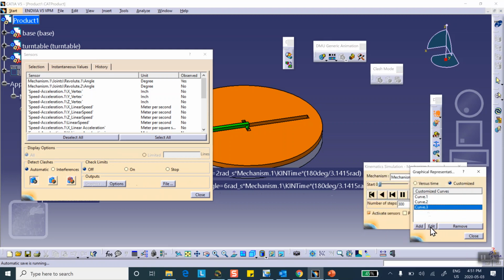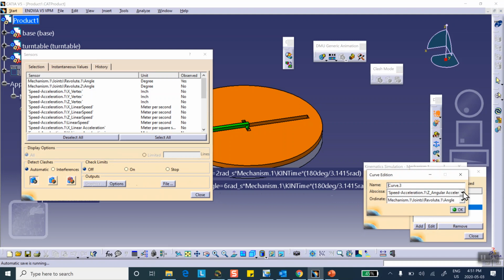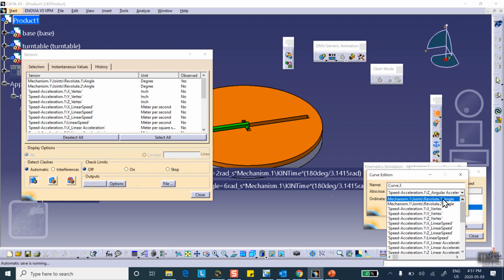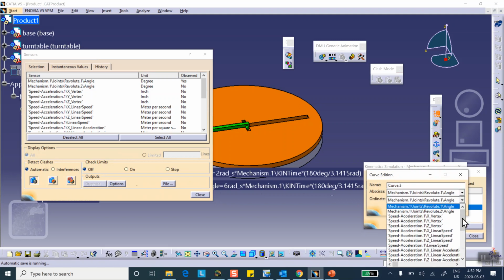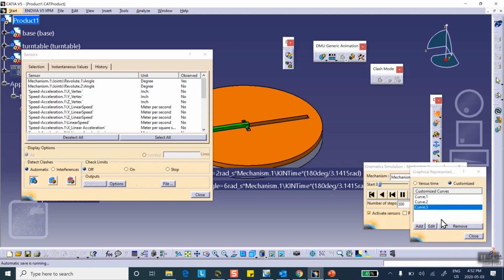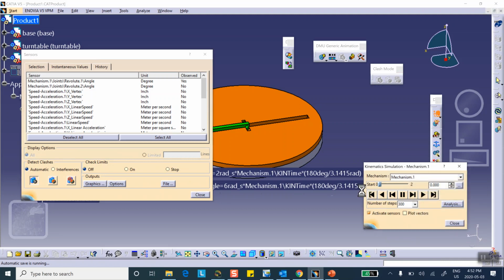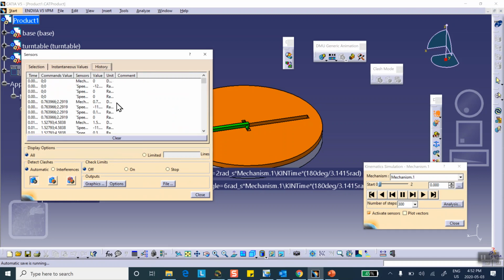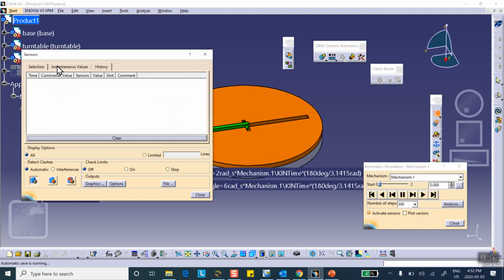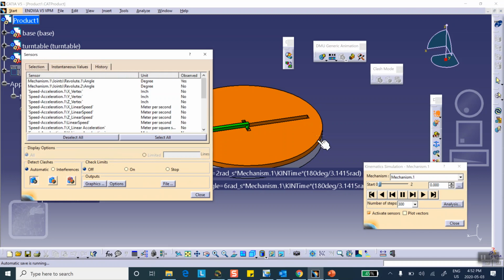And the same thing with the third one, edit, this one to be angle and this one to be the z component of angular acceleration. Okay, so we rewind, and make sure you clear your history, because otherwise it overwrites the other stuff, and then we run it.